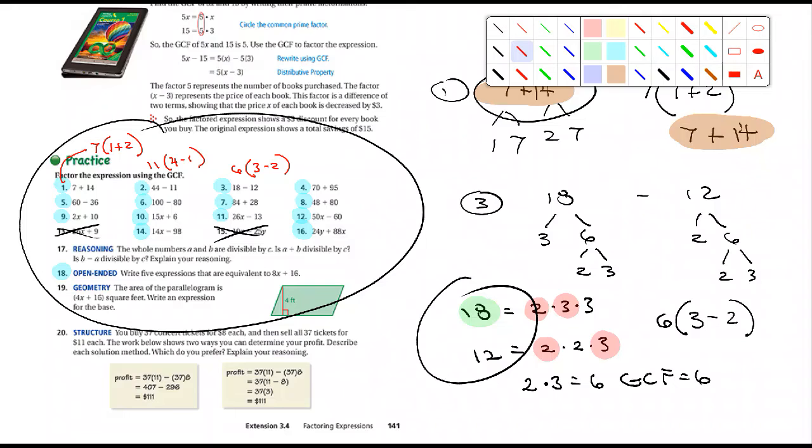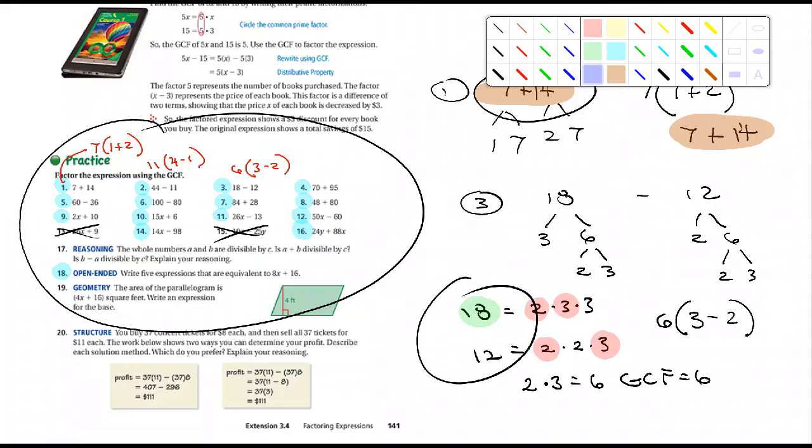So the greatest common factor is the number that goes on the outside of the parentheses. Remember that. And then you just need to figure out what you multiply by that to equal the expression that you were given. Remember, these are all expressions.